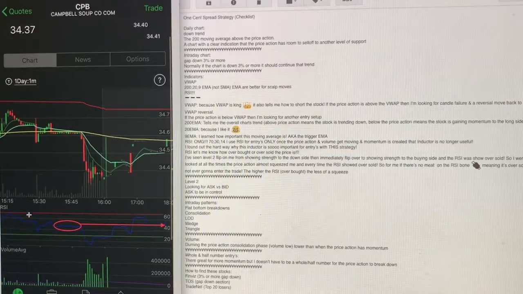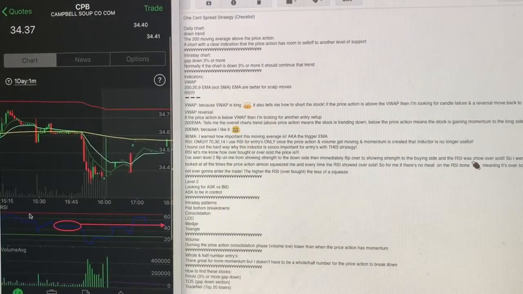Okay, let me slow it down for a second. The RSI I use is 70, 30, 14. Those are the settings for my RSI. It's pretty much default. So when the price action up here is pushing up towards this red level, where it's at 70 on the RSI, normally that's telling me that the price action has been bought too much.